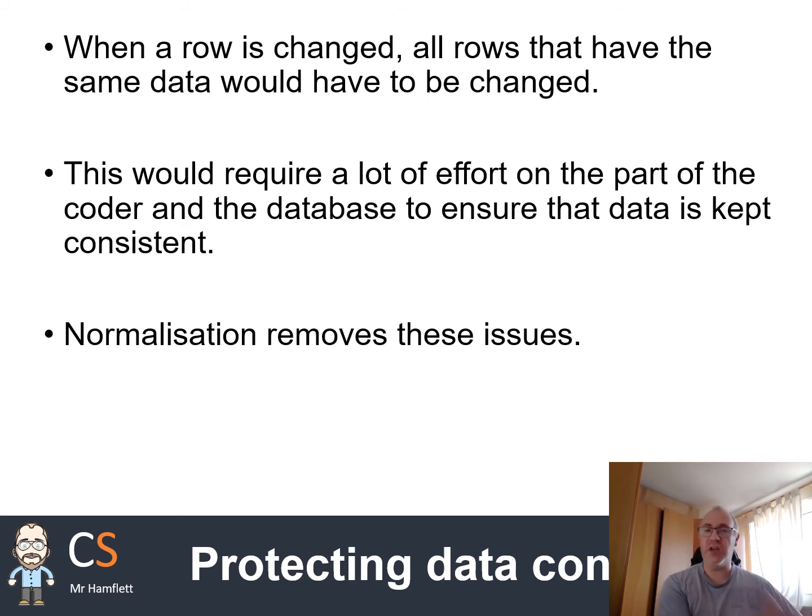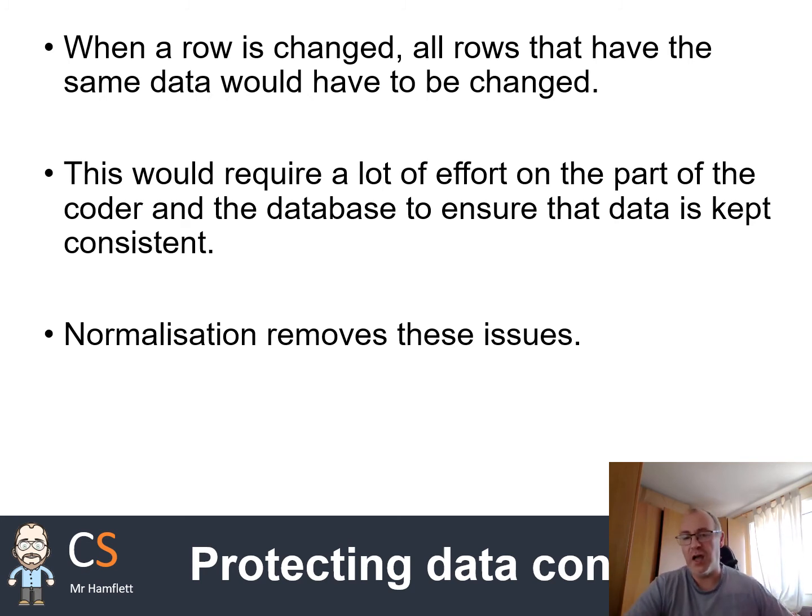So when a row is changed, all rows with that same data must also be changed. If we have to do that, then that is difficult, because there's a chance we might miss one, or we might not update one. And it creates a lot of effort on the part of the coder. And coders, although we are superhuman, obviously, we do make mistakes.